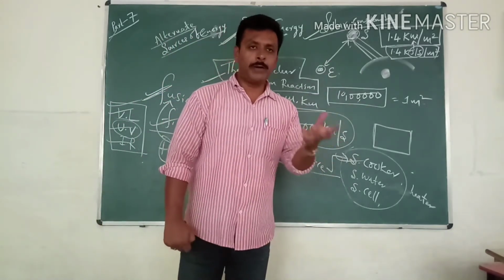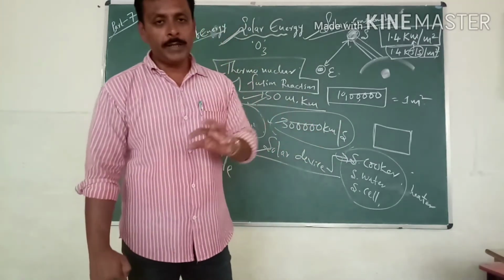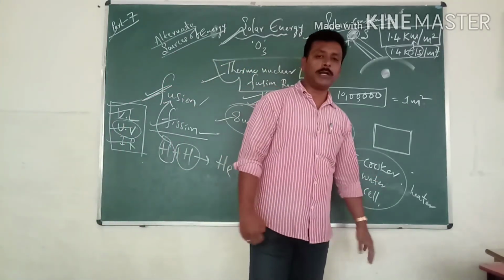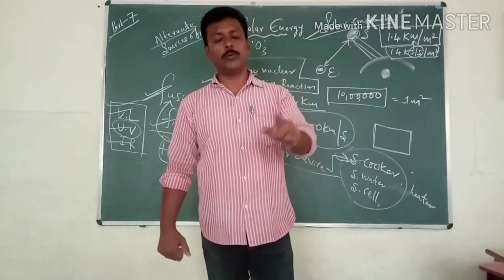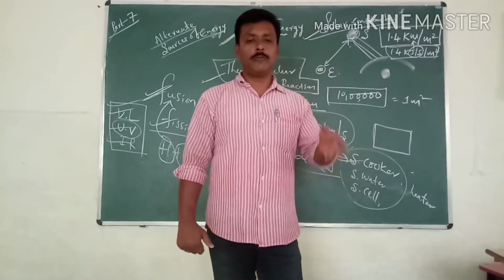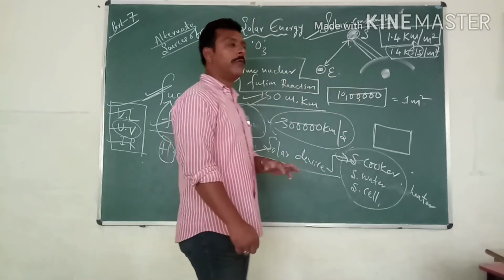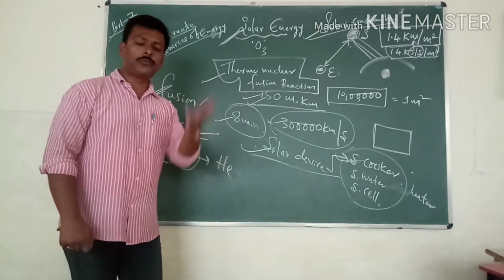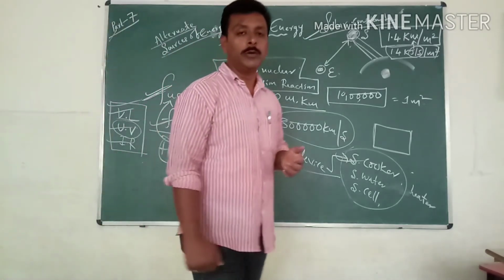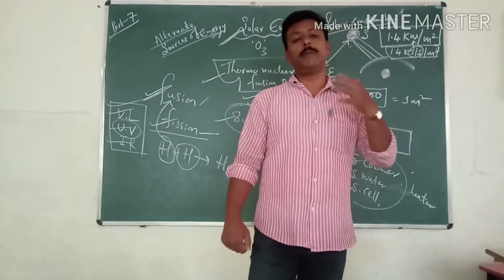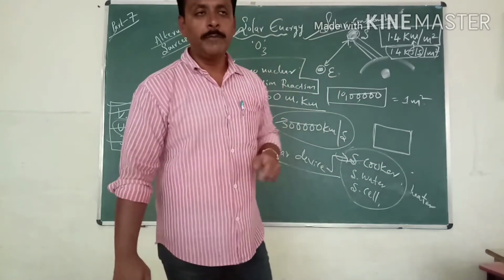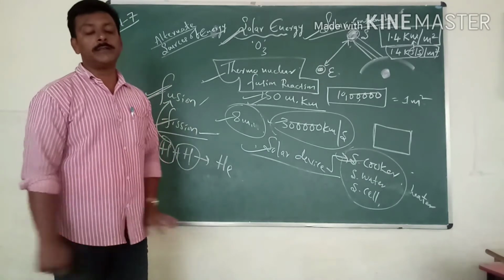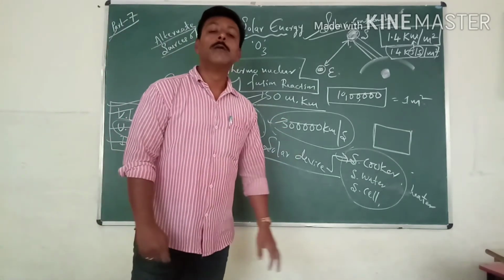Whatever solar device we use to prepare food with the help of solar energy is called a solar cooker. Now, how is solar energy able to prepare the food? That we have to discuss now. For that, we have to discuss its construction and working a little bit.